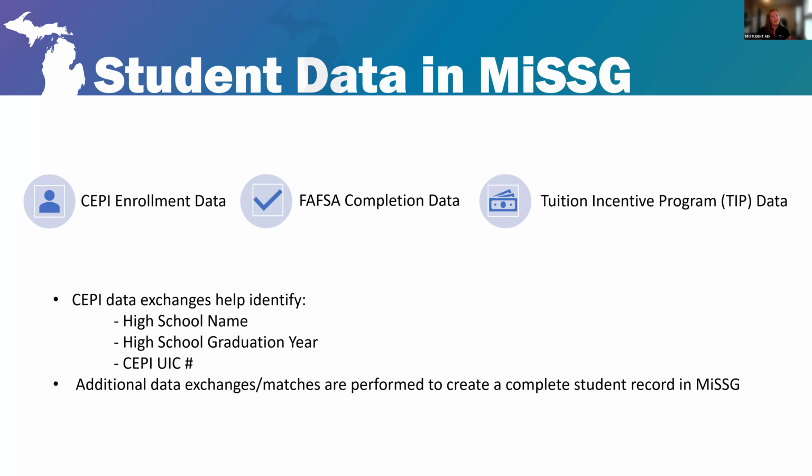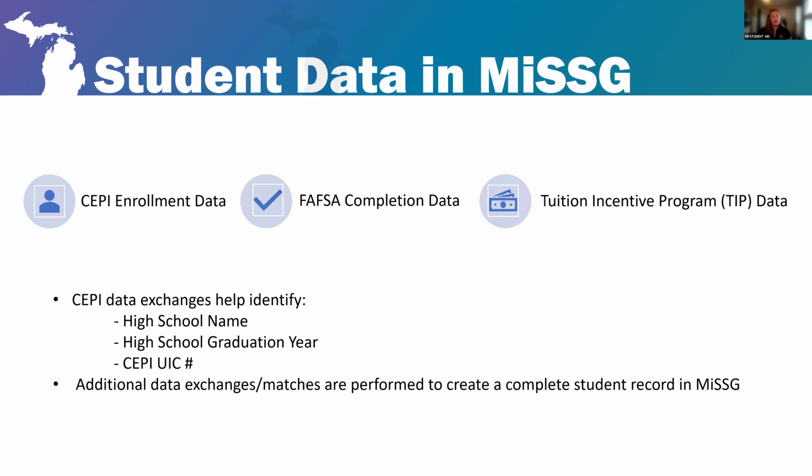So just to give you an example, this happens often with students who have a TIP record. Because we know that students who are eligible for TIP may become eligible as early as 12 years old. Sometimes that TIP record is being created for that student at 12, but we may have high school name blank within that record.